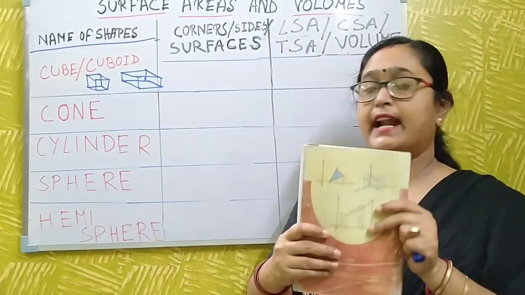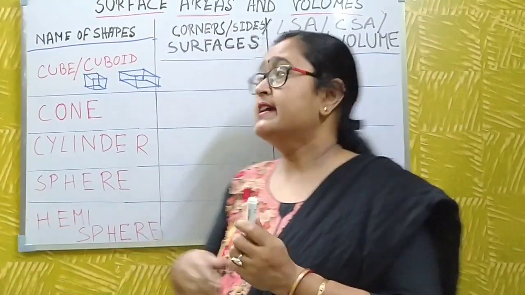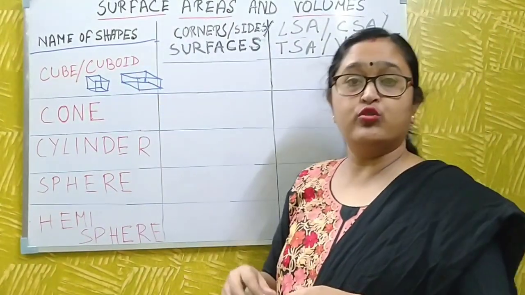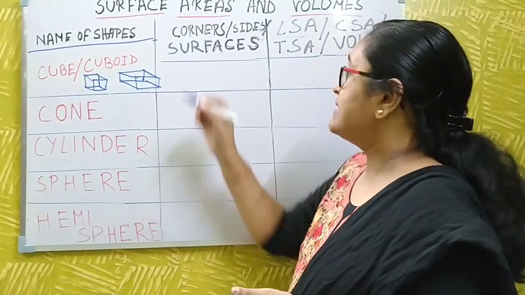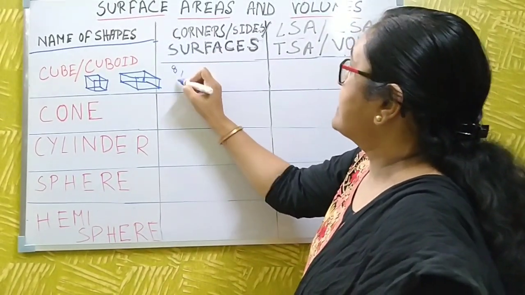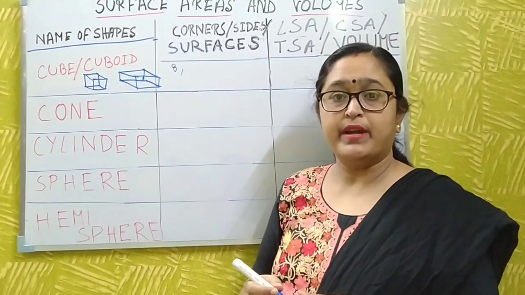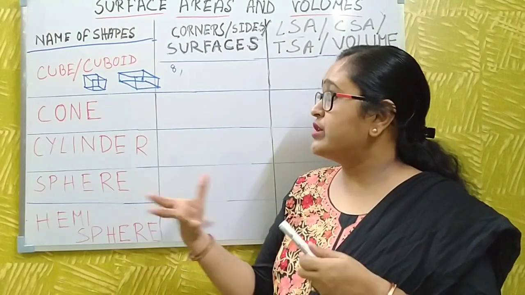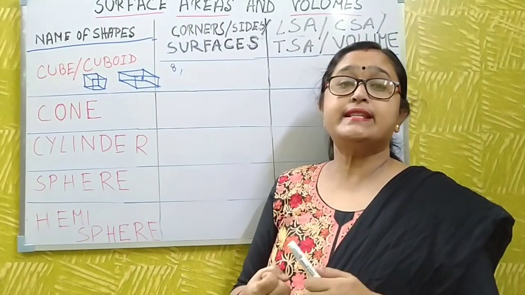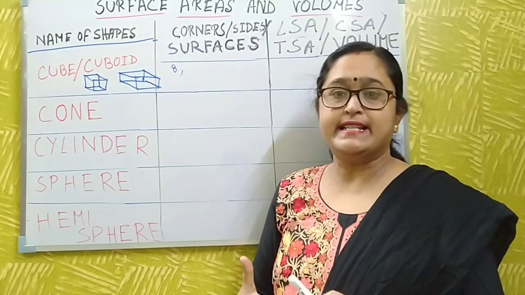In the cuboid and cube also it is the same. So the corners are 8. This is a solid shape, also a 3D shape, the shape which you can hold. This shape is called a 3D shape.